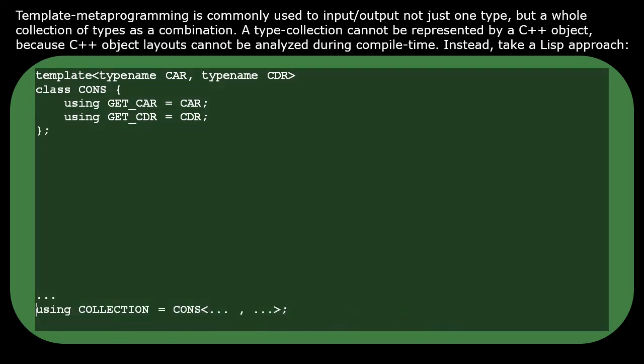The Lisp programming language would represent a collection of types as a kind of linked list of these conses. For each link in the chain, its first part, the car part, is just a list item, which is the name of some type.